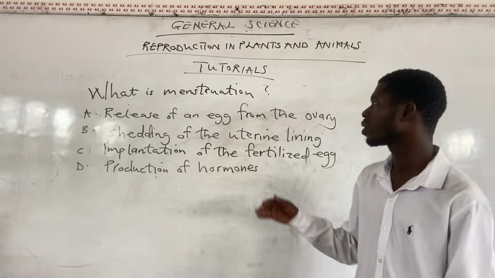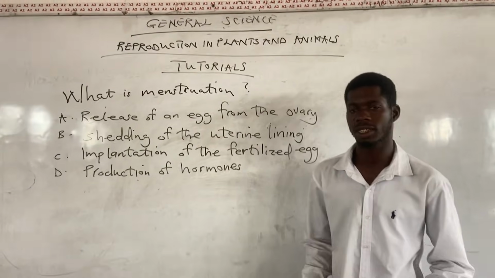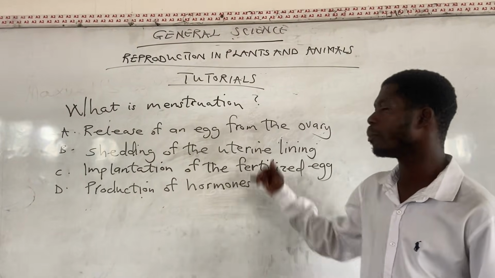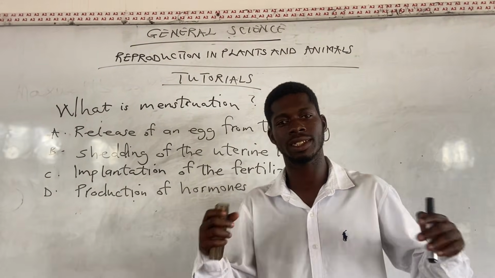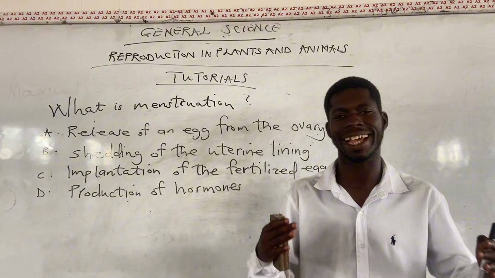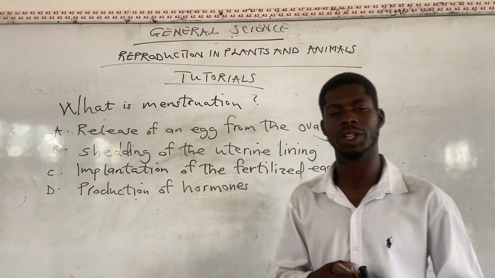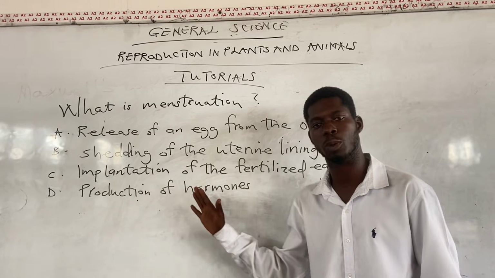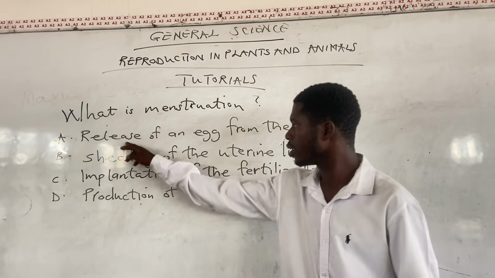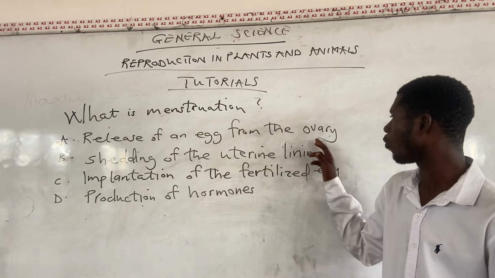The next question says, what is menstruation? I'm not expecting you guys to get this question wrong. These are the possible answers. A, release of an egg from the ovary.